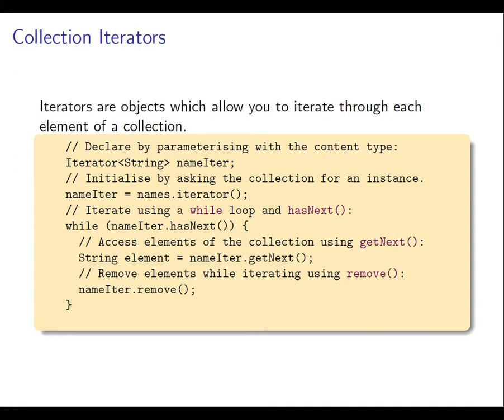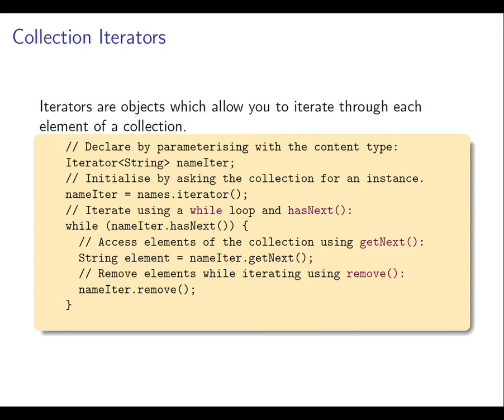So in this section of code, we first of all declare an iterator over strings called nameIter, and then we say, well, what is this name iterator actually going to iterate over? It's going to iterate over the names collection. So we ask the names collection to provide us with an iterator, and we allocate that iterator to the variable we just declared, nameIter. And then we can use it as an iterator.